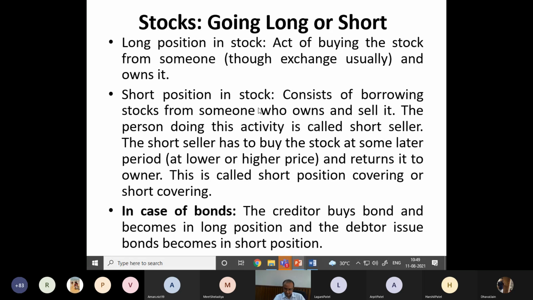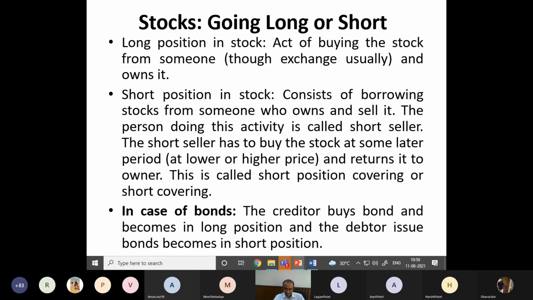Short position. What is the short position? It's a slightly tricky kind of thing. It consists of borrowing the stocks from someone who owns them and selling them. So I am not the owner of this stock. I borrow this stock from someone and sell it. I am not owning this stock, even though I am selling it. So that is called a short position. Later on, I have to cover my short position.